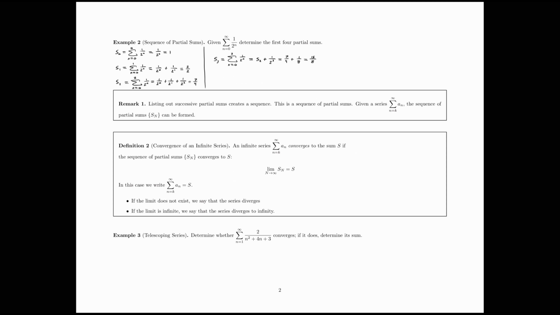This sequence would be the sequence of partial sums. So far, we've created a new sequence, S sub n, where the first term is 1, the next term is 3 halves, next term is 7 fourths, and the next term is 15 eighths. So if you had to wager a guess, what would S sub n be in general?